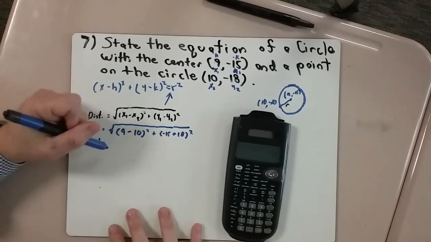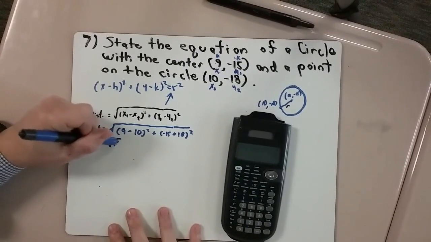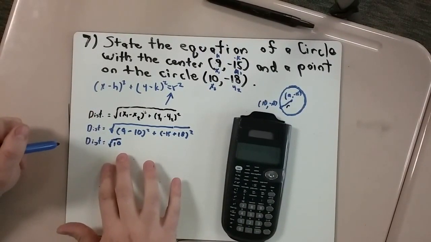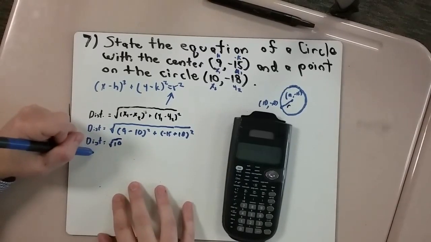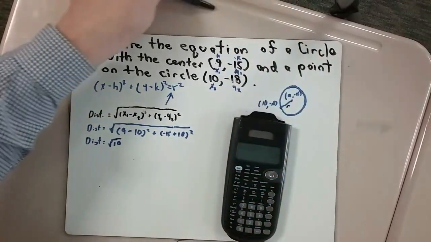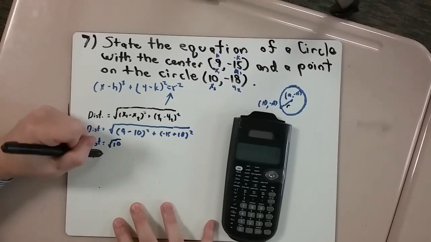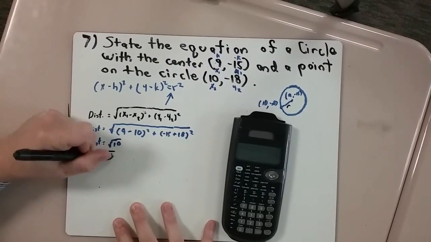Okay, I got square root of 10. I'm sticking with that. Now, that's my radius. So my radius is square root 10.